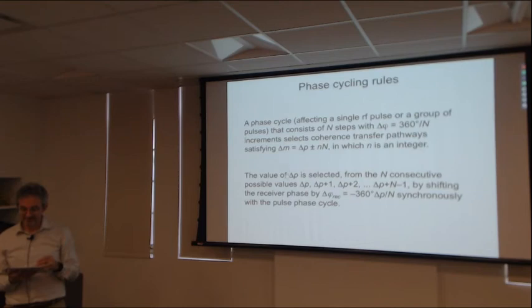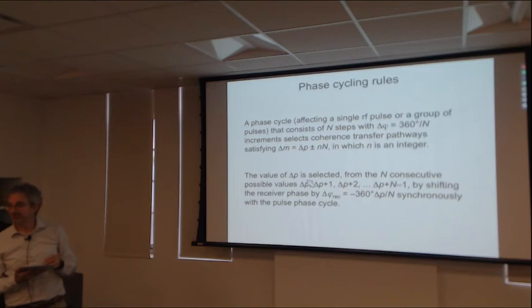The periodicity means that you can pick out the values of delta p plus 1, delta p plus 2, and so on, up to delta p plus n. But then delta p plus n will also be selected.